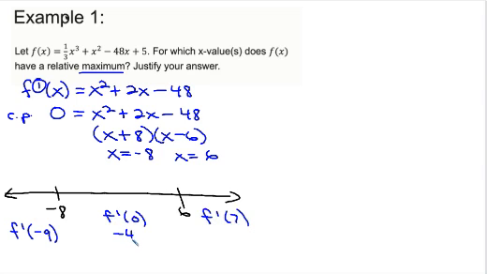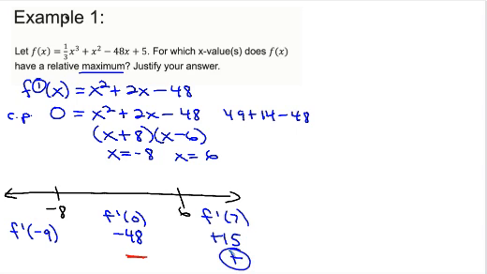That's negative 48. So in this area, we have a negative value for our derivative. When I do f prime of 7, you can see that we're going to have 49 plus 14 minus 48. So that's going to be 15, which is a positive value.